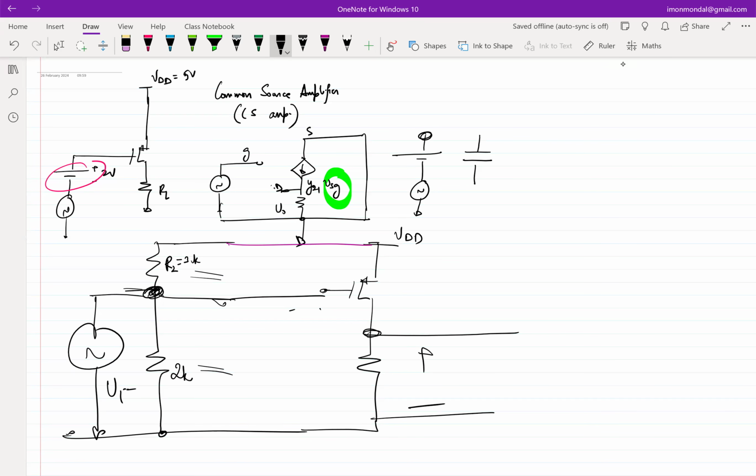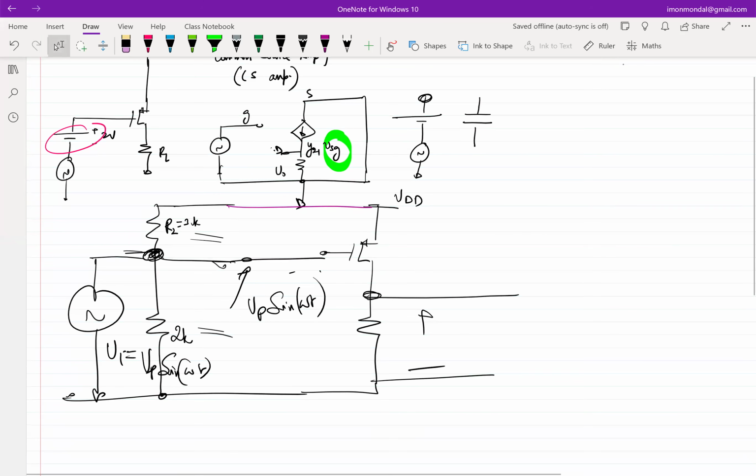Let's say VI is equal to VP sine omega t. So what is the voltage here? This is VP sine omega t. But how is it violating some law then? Okay, what law? A single point having different voltages. Okay, so good question. So yeah, exactly that, right? So what is this? This is this.